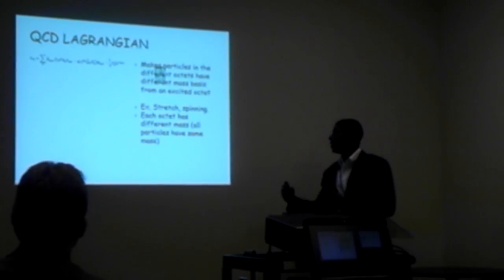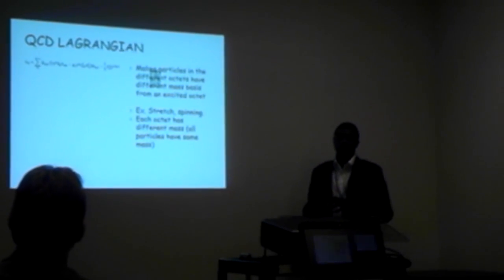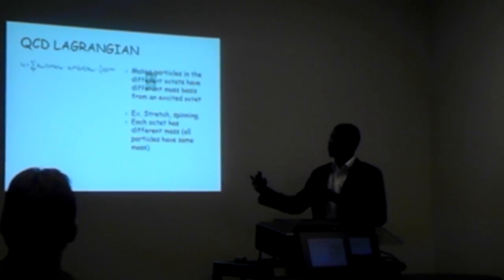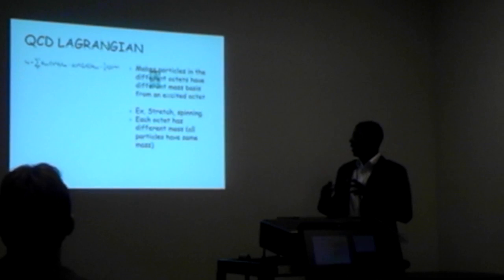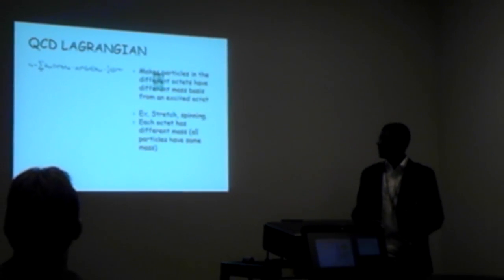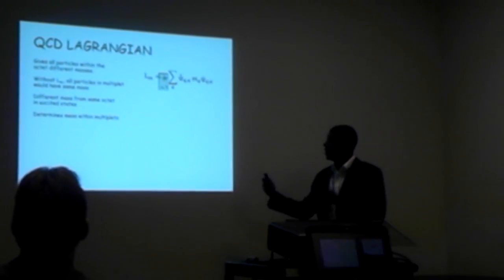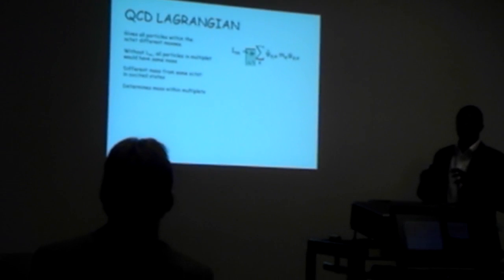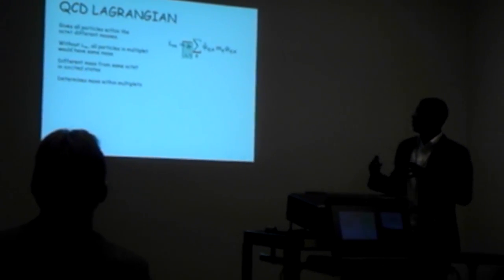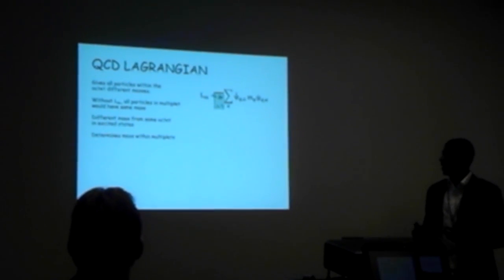So, for example, if we have a multiplet where the particles are stretching or spinning, this L sub naught allows each octet to have different masses. Now the L sub m gives all the particles within the octet different masses. Without the L sub m, all the particles in the multiplet would have the same mass.